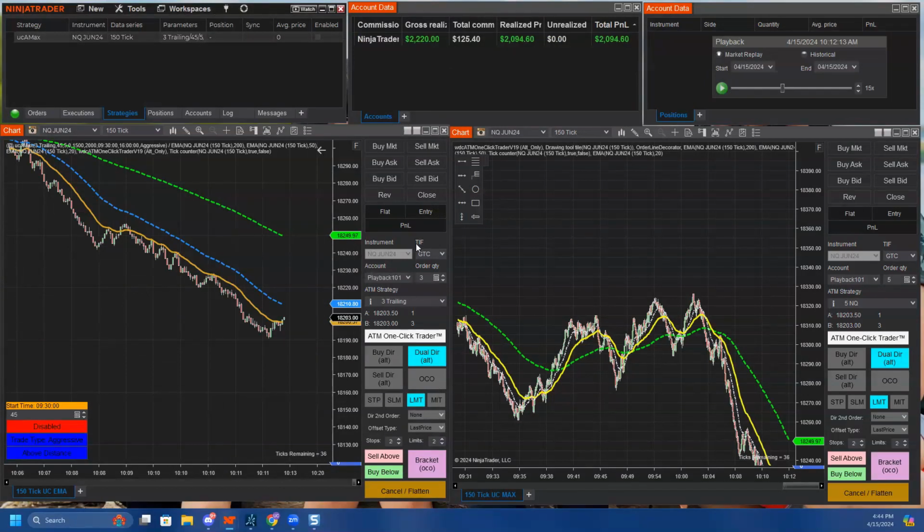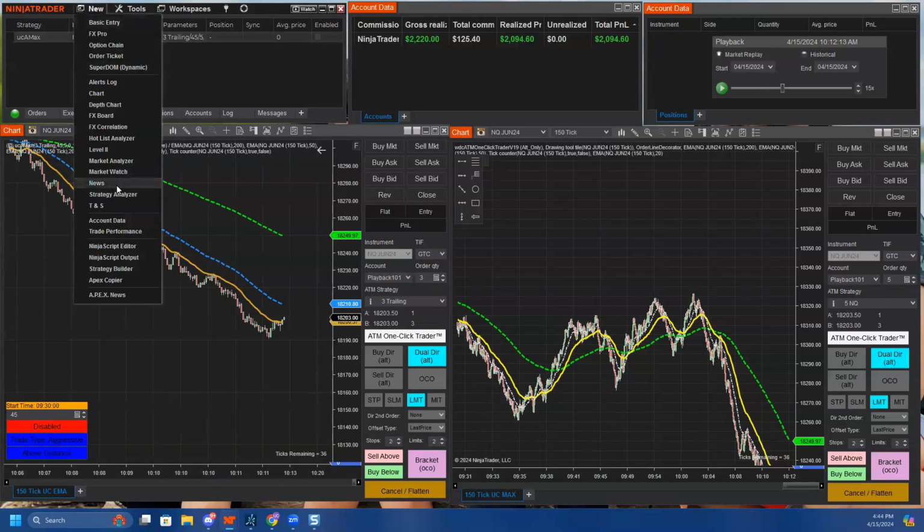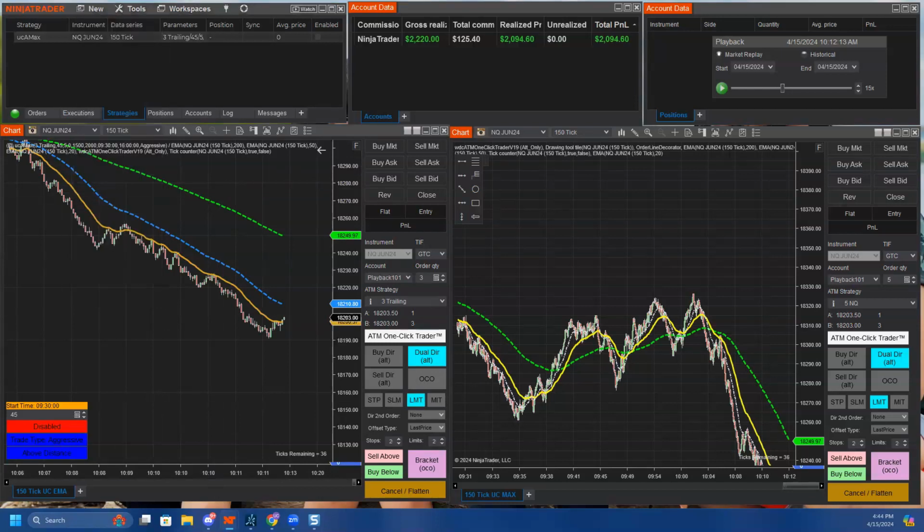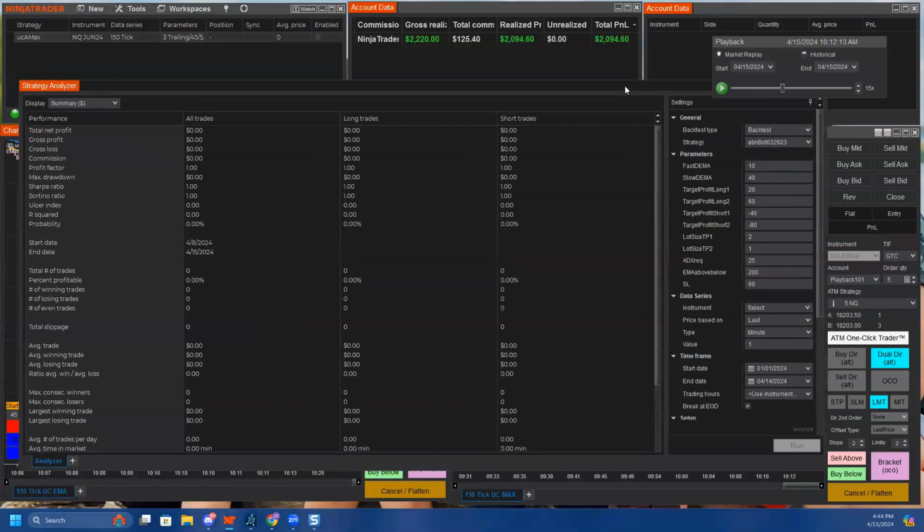And I will spend this week with the EMA one, since I can use the strategy analyzer now. One thing that I'm always a little suspect of is using the Ninja Renko bars. I don't know if it works the same way as playback, where it will show you in the playback that the trade happened, but in reality, you never got a fill, because that's how the Ninja Renko bars work.